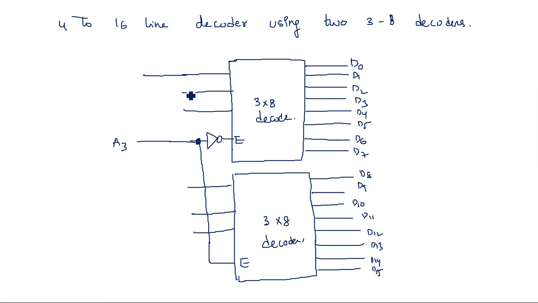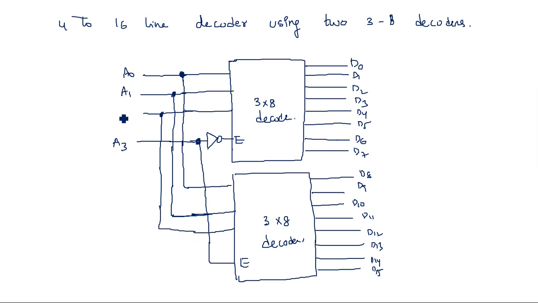So this is the first input, second input, third input: A0, A1, and A2.